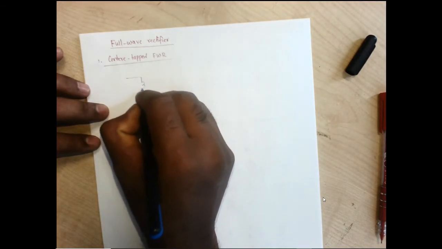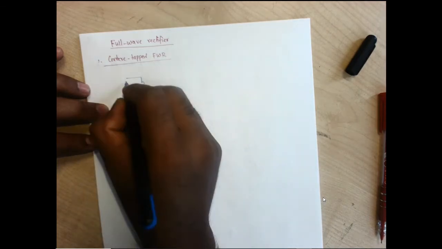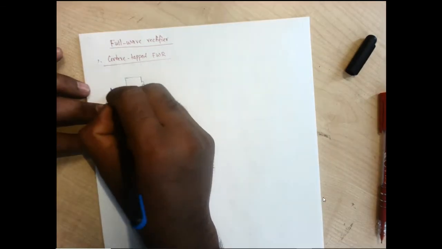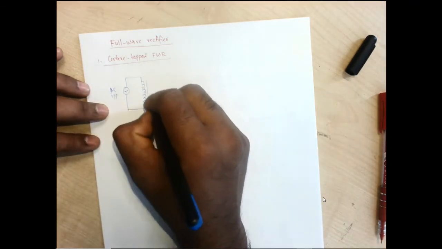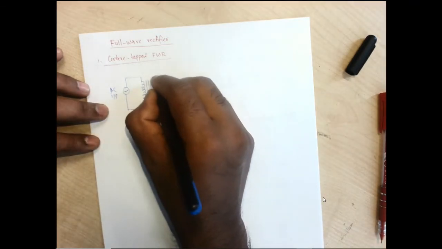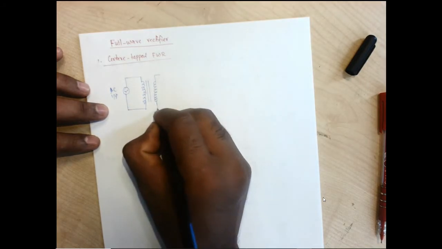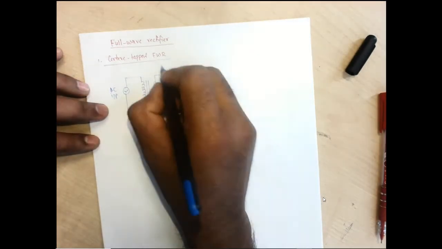We obviously need to use a transformer. It is the primary winding where the AC input is given. Then we will have the secondary winding. Obviously, to have the step down, our turn ratio will depend upon that.